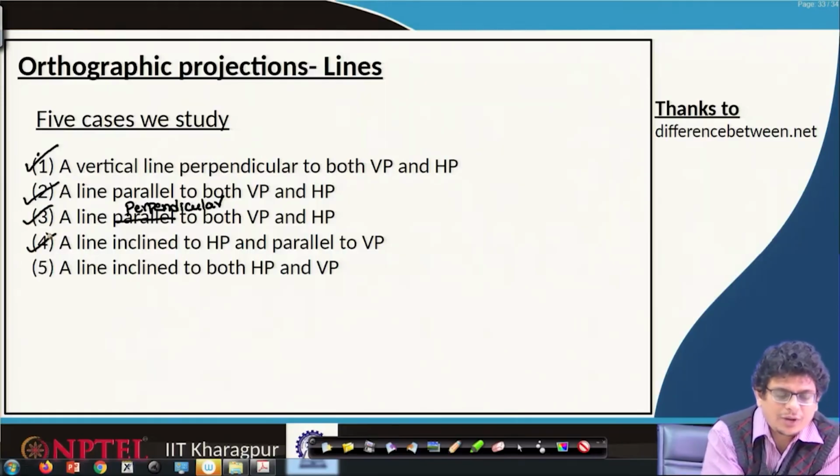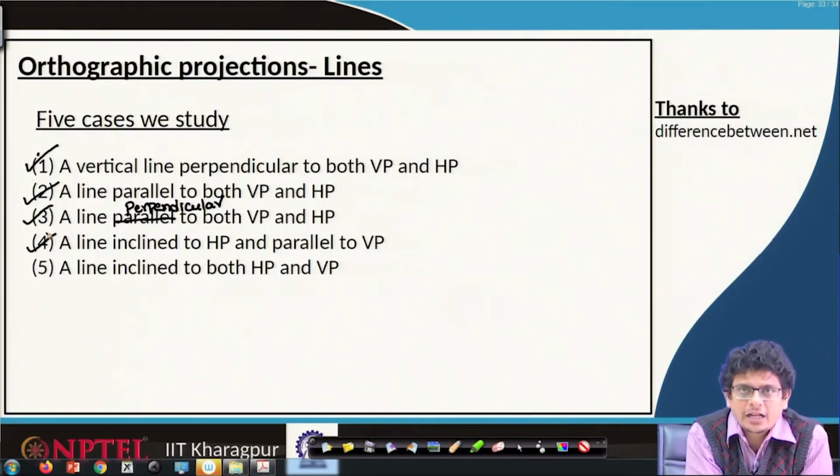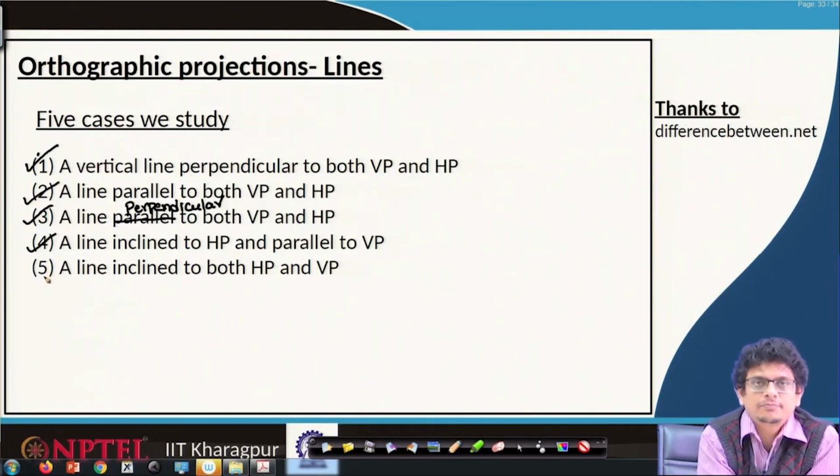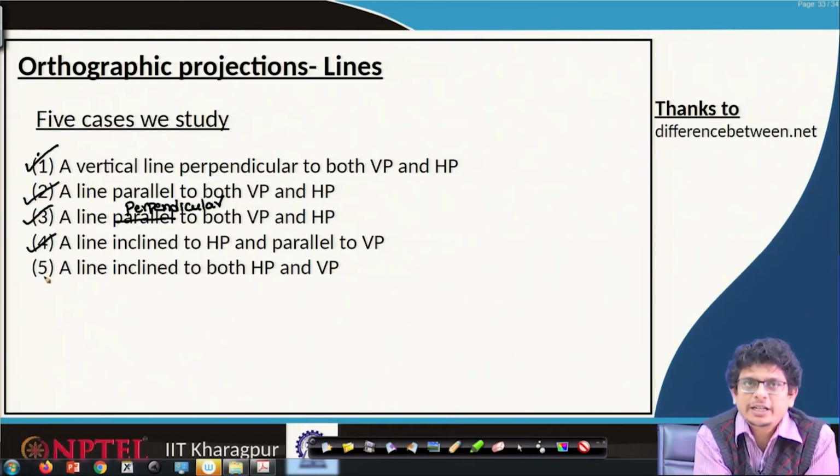And the fourth one, a line inclined to the horizontal plane but parallel to the vertical plane. And the fifth line is a special case, a line inclined to both horizontal plane and vertical plane. That means it makes different angles with the horizontal plane and vertical plane.